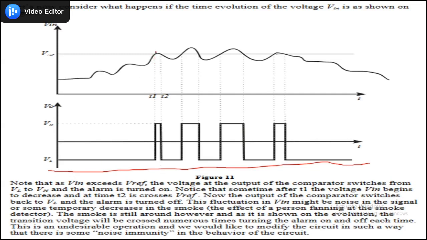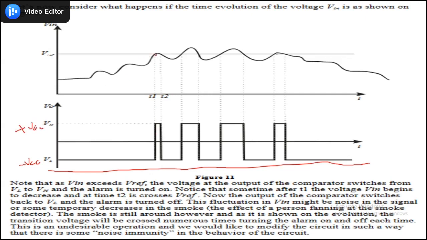So earlier, when this Vref was greater than V in, it was having the minus VCC or VL. When this is crossing this Vref point, it is going to plus VCC.